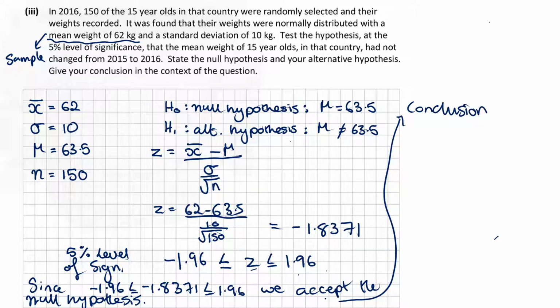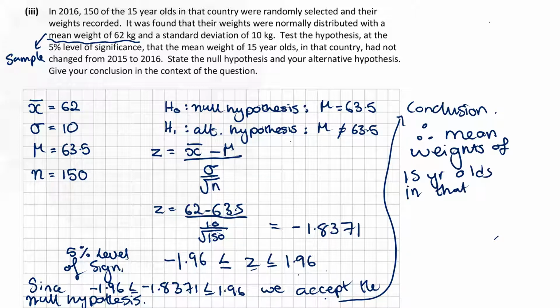Okay, so what can we conclude? Back to what they asked us: the mean weight of 15-year-olds, and I'm taking this straight from the question, in that country have not changed from 2015 to 2016.